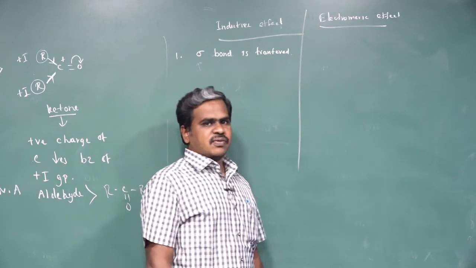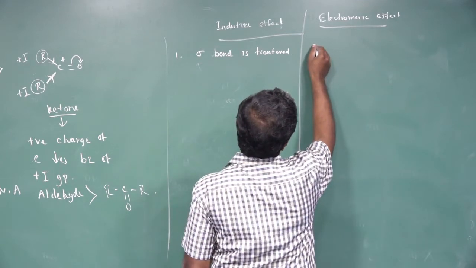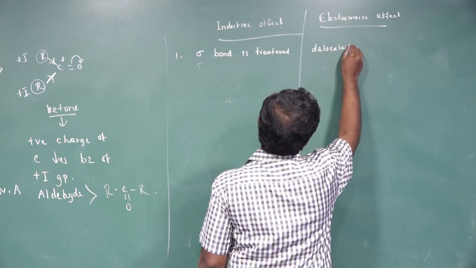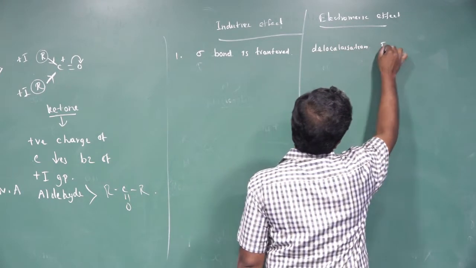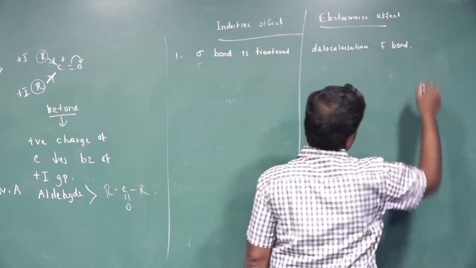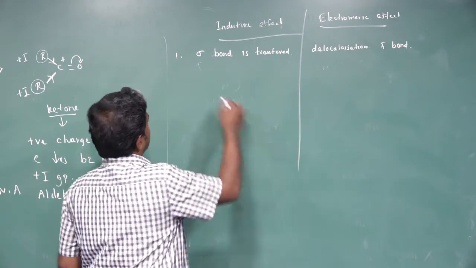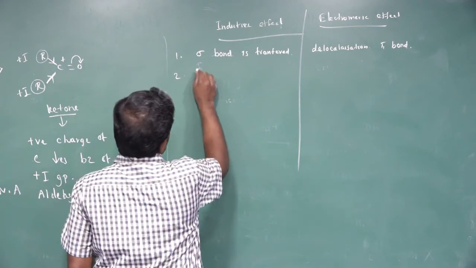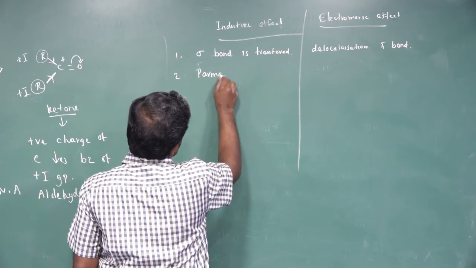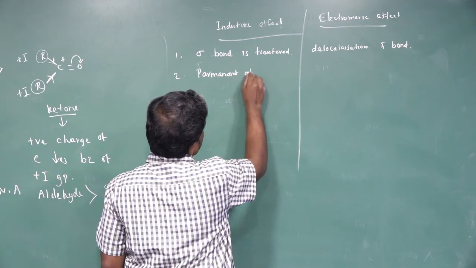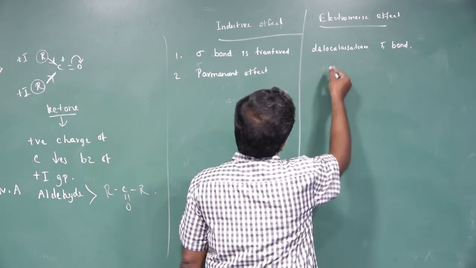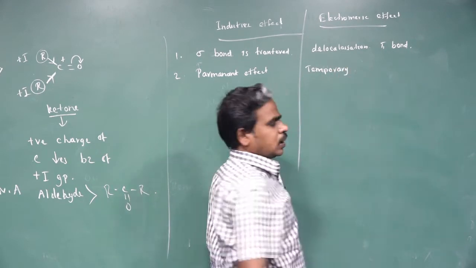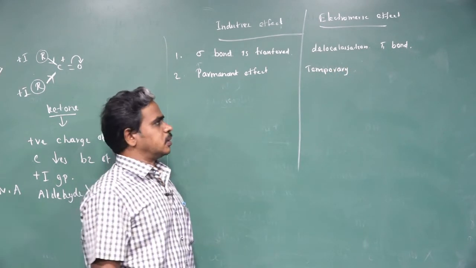But in the electromeric effect, there is a pi bond, or delocalization of a pi bond. Now, the inductive effect is a permanent effect. And the electromeric effect is a temporary effect.